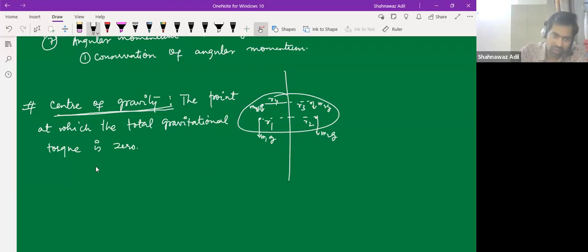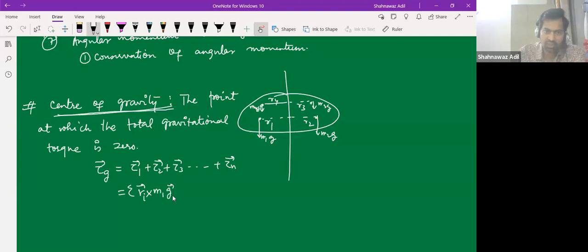So if we calculate the torque due to gravity, which is tau 1 plus tau 2 plus tau 3 and so on, let's say it is made up of n particles, all these would sum to 0, right? So this is Ri cross Mi g. Because g is the same, there is no i. And this is 0 at the center of gravity point. So that is called the center of gravity, right?